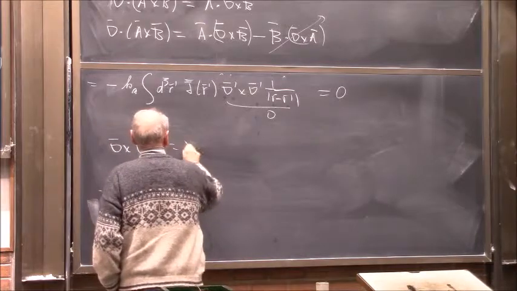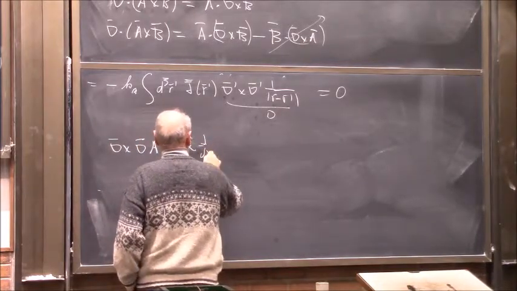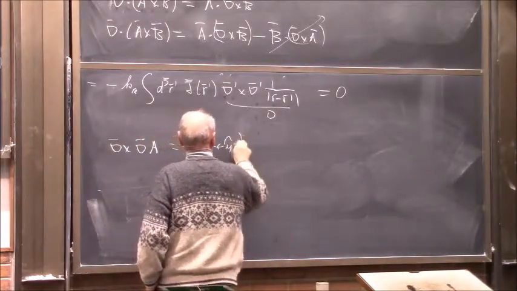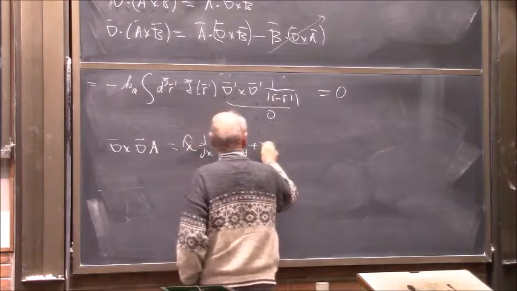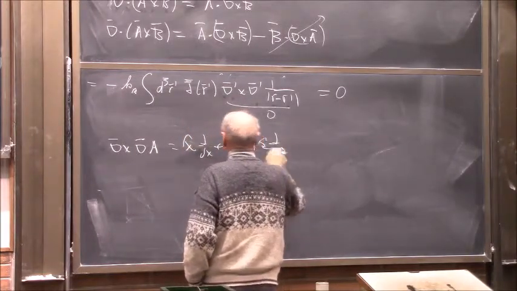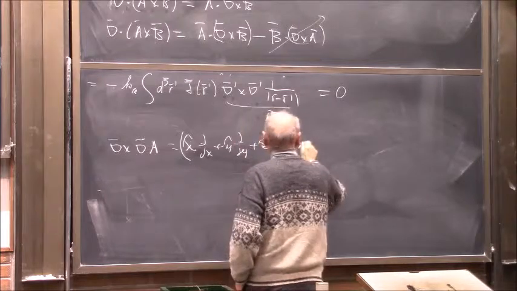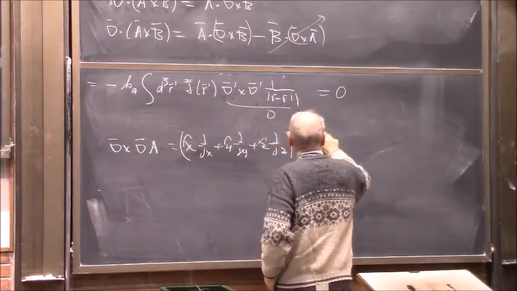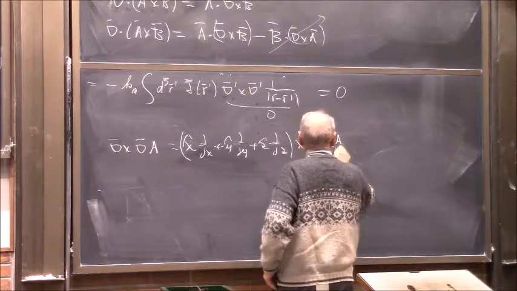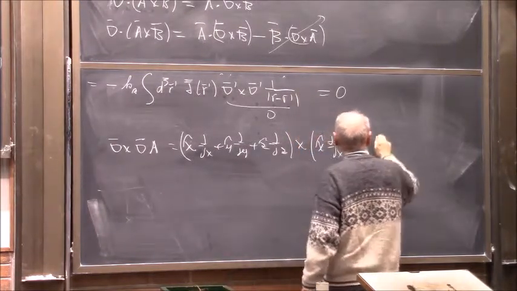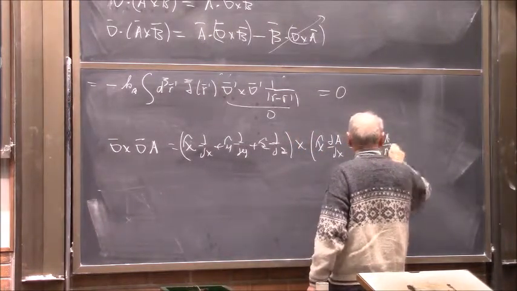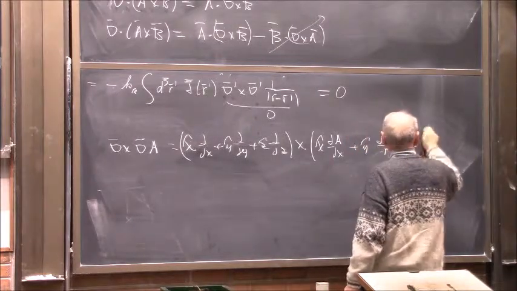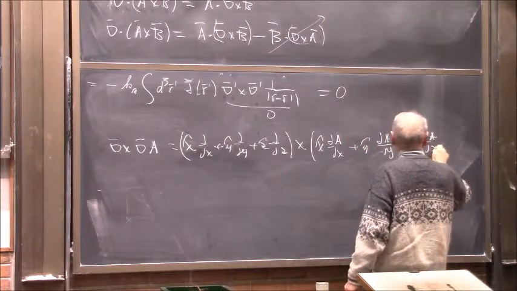Well, it's x hat d by dx, y hat d by dy, z hat d by dz, crossed into, now the gradient is x hat dA dx, y hat dA dy, z hat dA dz.